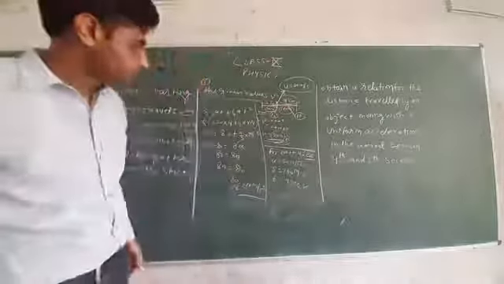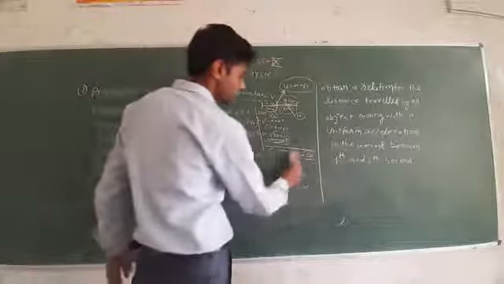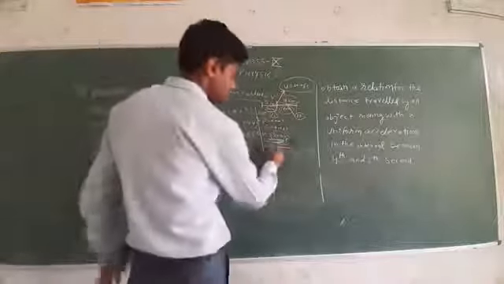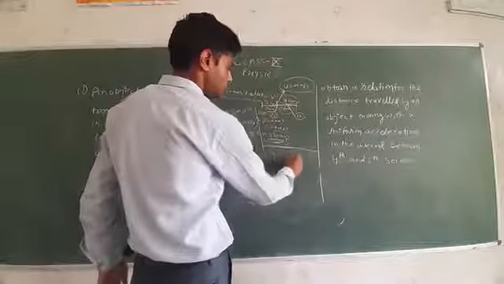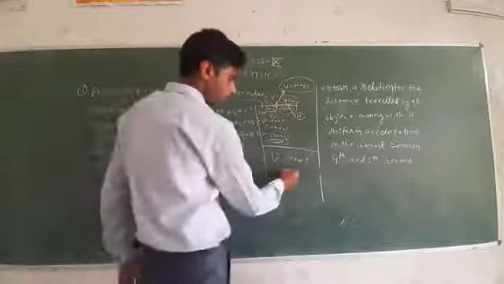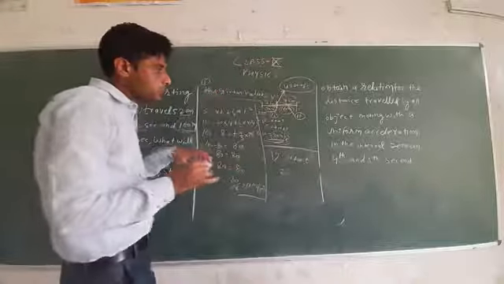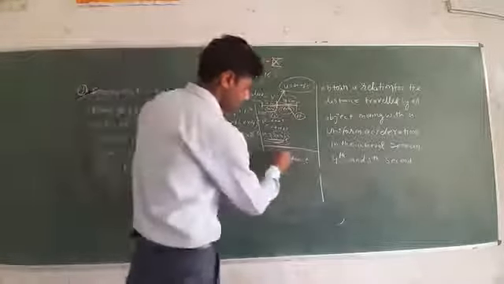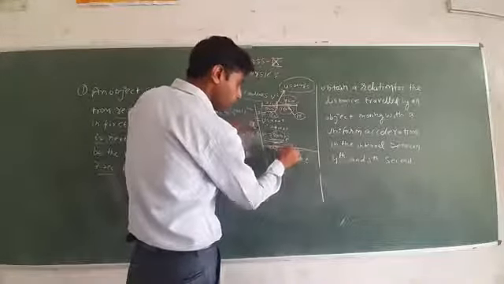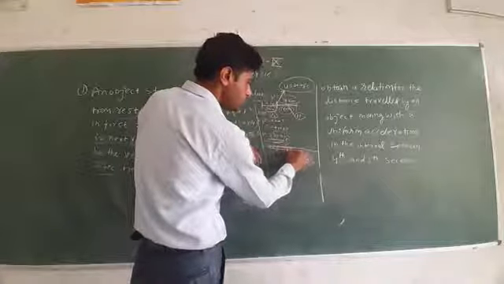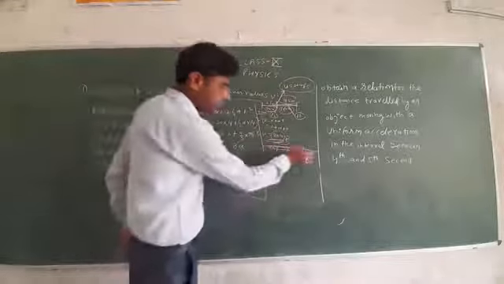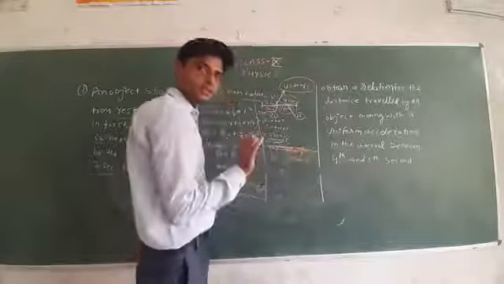So we can find the velocity after 7 seconds. So v equal to u plus at. Initial velocity u is 0. Now we are discussing the total journey from the starting point to the end point, and the end point is after 7 seconds.